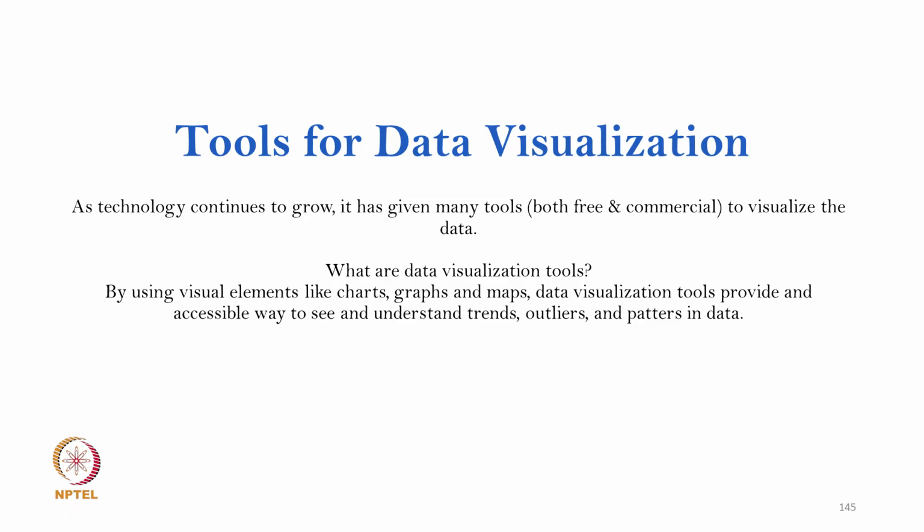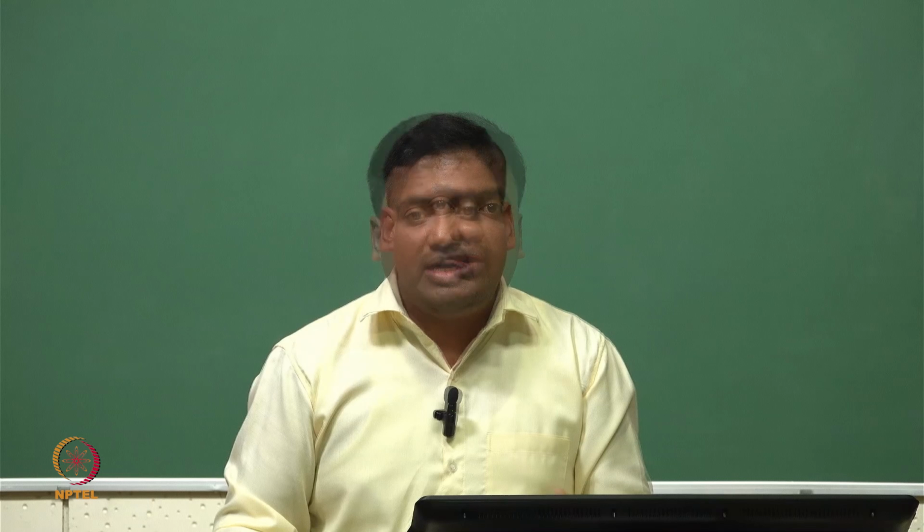We have seen the types of data visualizations right from the beginning. Now we can look at the tools for data visualization. For creating the various types of data visualizations, we should have knowledge of using the tools. There are a number of tools on both commercial and open access platforms.